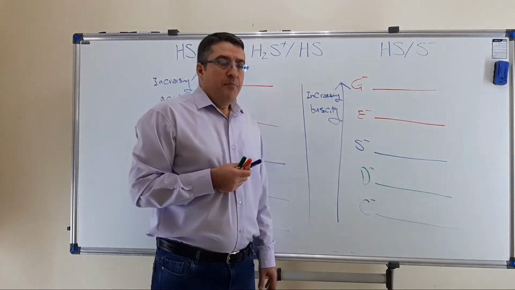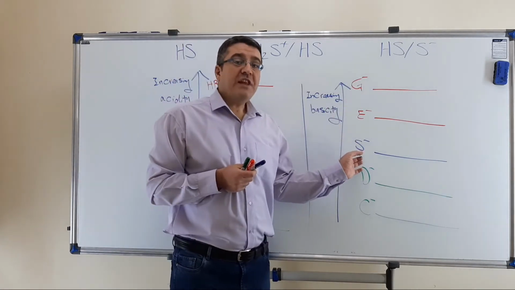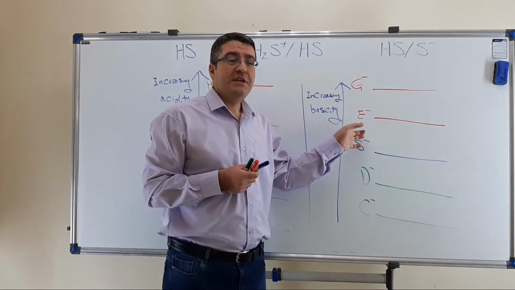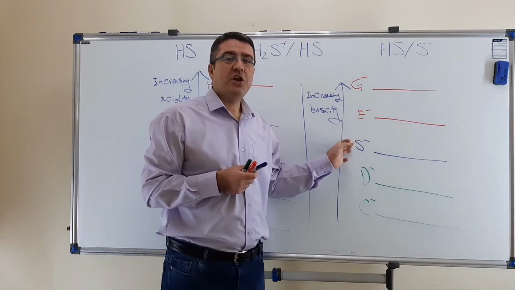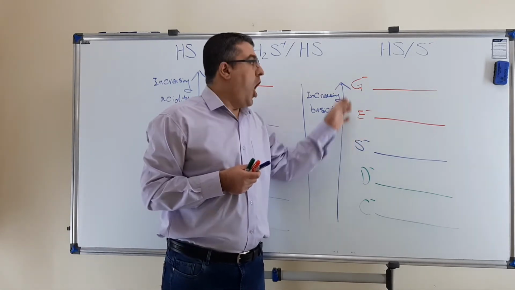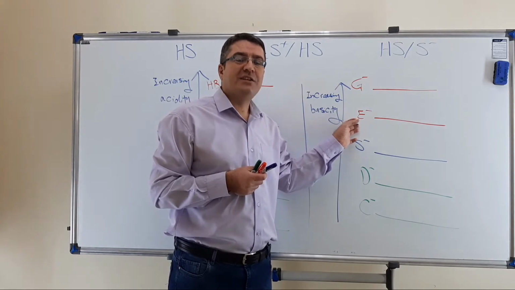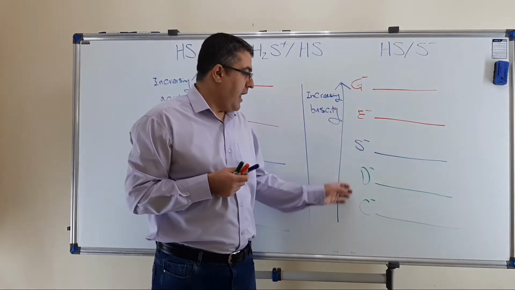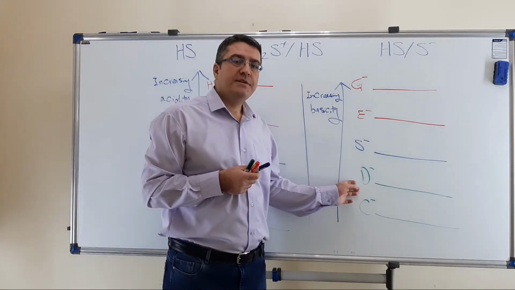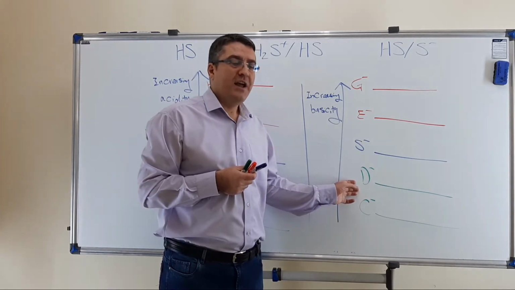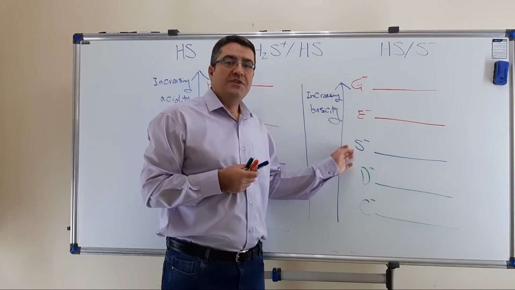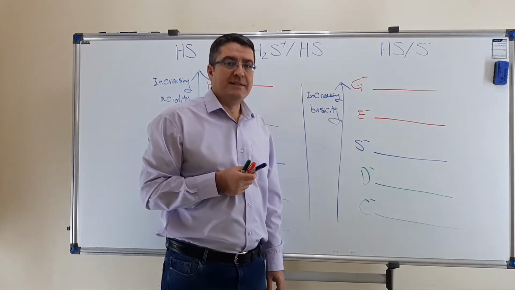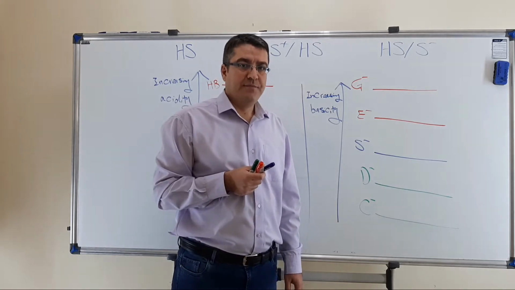Here, in the solvent HS, bases like G-, E-, stronger than the conjugate base of the solvent, are considered as strong bases. On the other hand, bases like C-, D-, weaker than the conjugate base of the solvent, are considered as weak bases in the solvent HS.